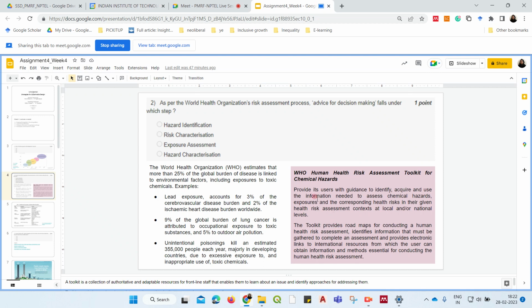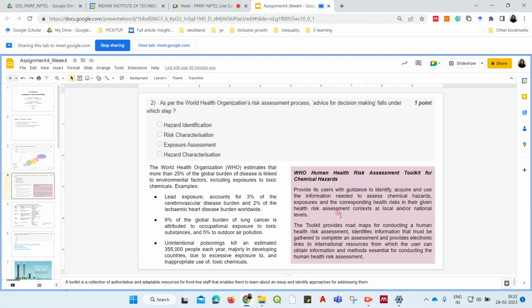So what this toolkit does is that it provides its users with guidance to identify, acquire, and use the information that is needed to assess the chemical hazard which is present, how much exposure there is due to the chemical hazard, and then what are the corresponding health risks that can occur in the given context.